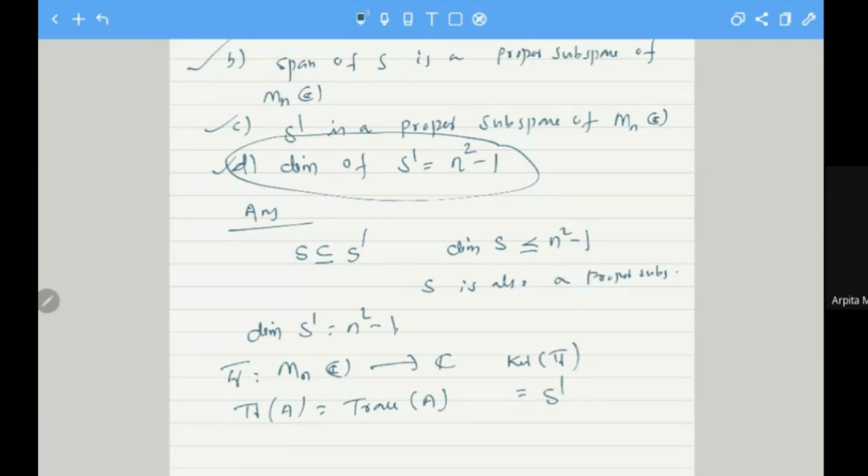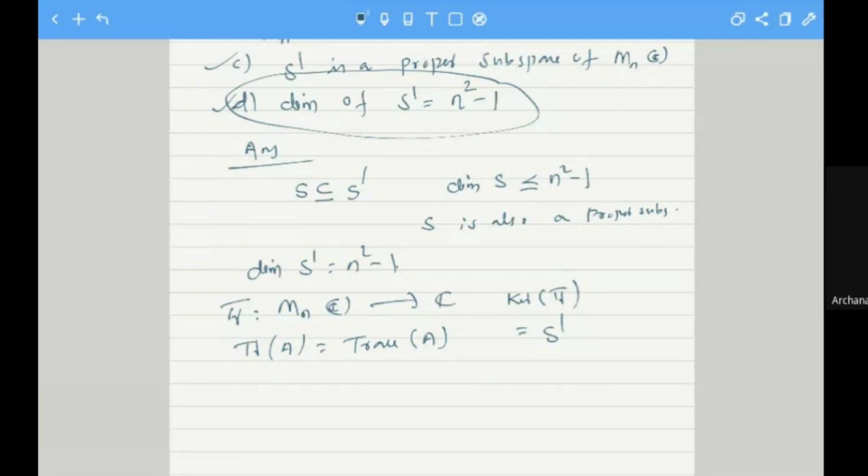I just did not write T. T of A is nothing but trace of A. Then our S prime is nothing but the kernel of T, right?